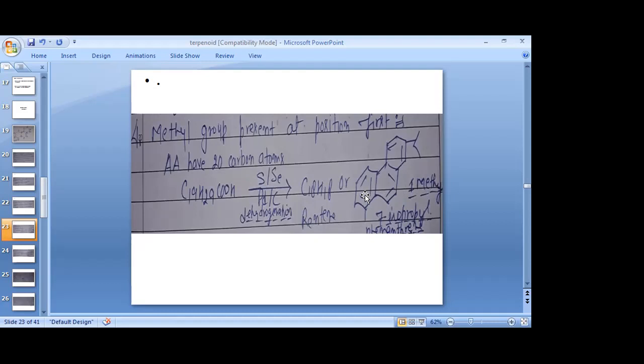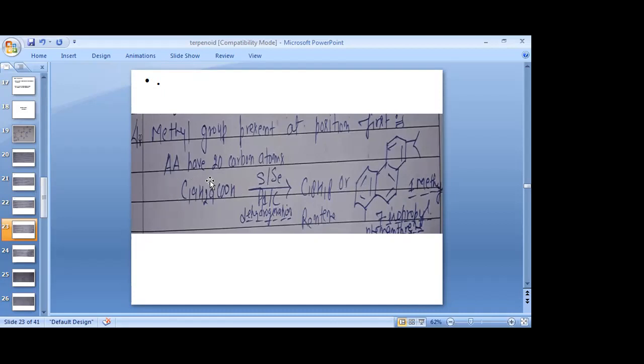You can see that at the first position there is a methyl group, so it confirms the position of methyl at the first position. So the methyl at the first position is made clear with the help of this reaction.